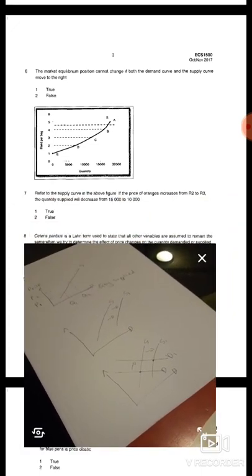So what does this mean? So the market equilibrium position cannot change if both the demand curve and the supply curve move to the right.